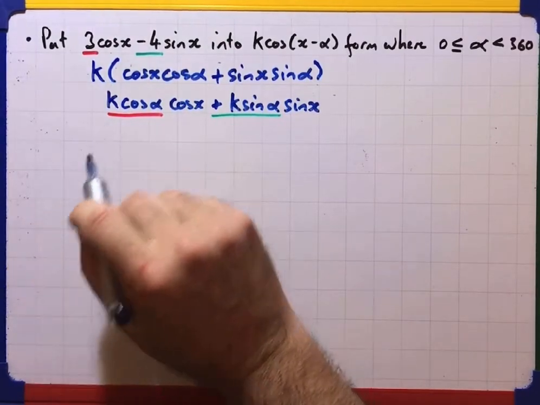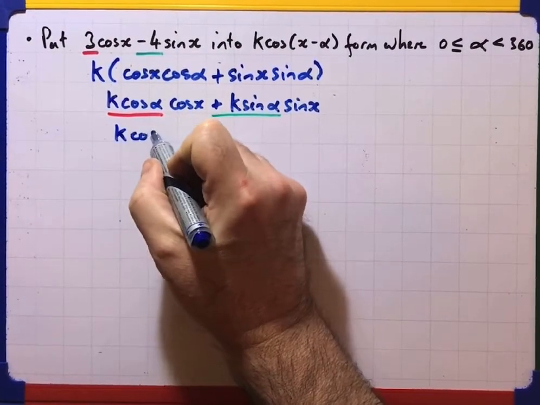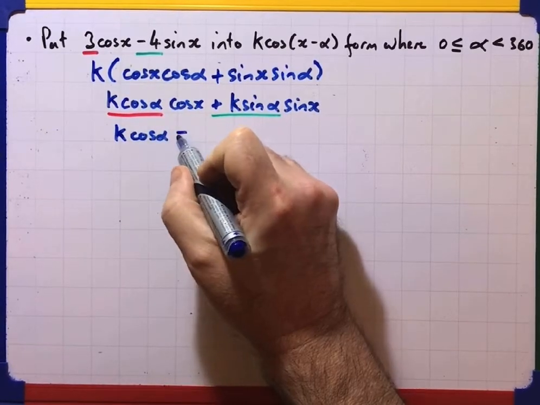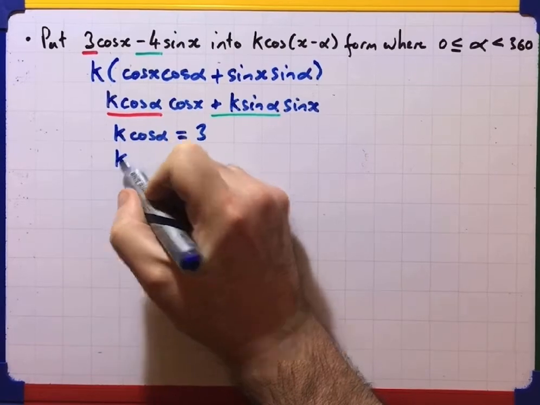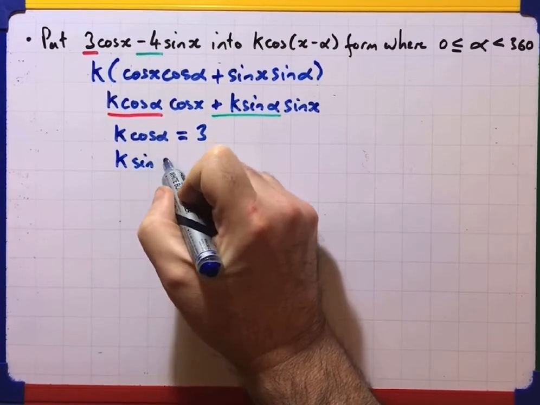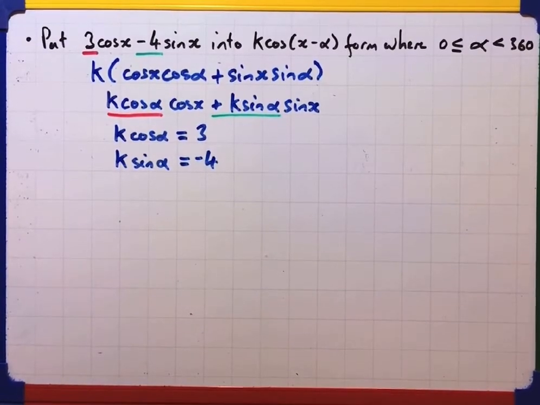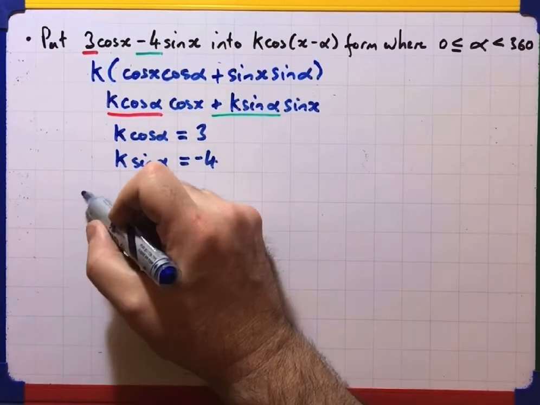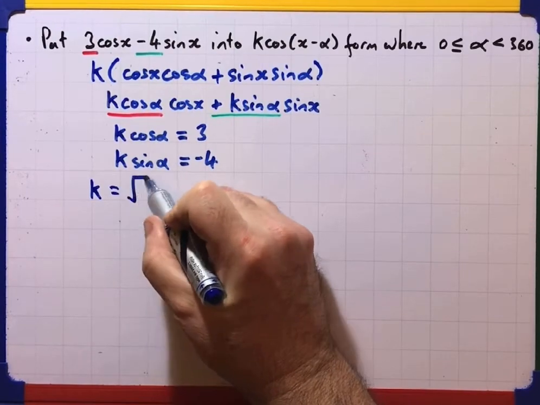So we can write those two bits down. We therefore know k cos alpha equals 3 and k sin alpha equals minus 4. We're in the same position as we were yesterday, solving that sort of equation. First of all, to find k, just square, add and square root those two.